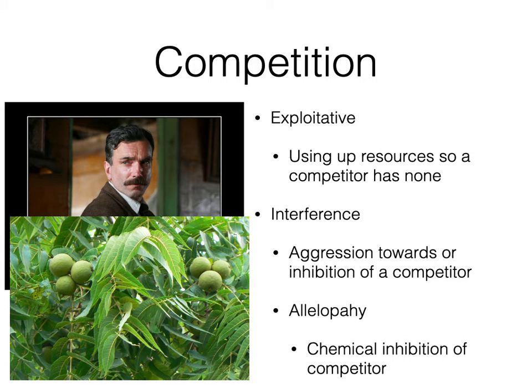If you've ever observed a mature black walnut tree, you might have noticed that there are not a lot of smaller plants and trees that grow underneath or within the canopy space of a black walnut tree. That's because this species of tree puts chemicals into the ground that inhibit the growth of other plant species.